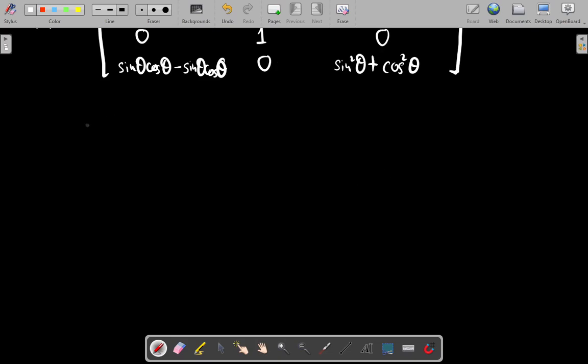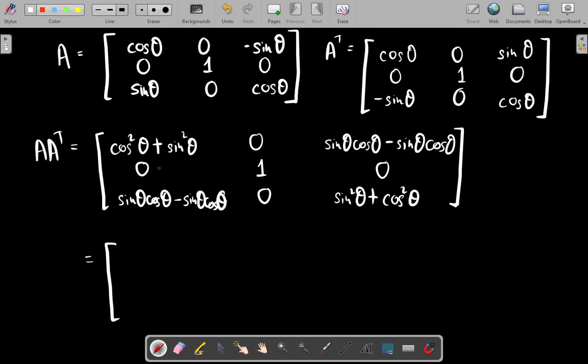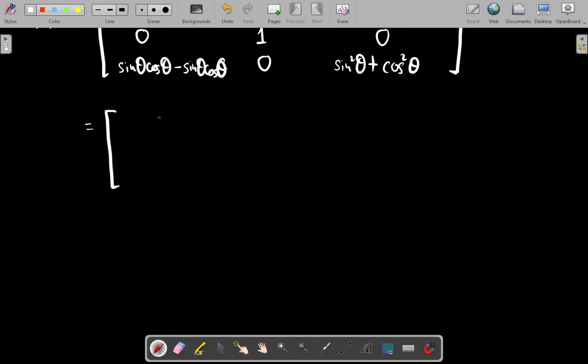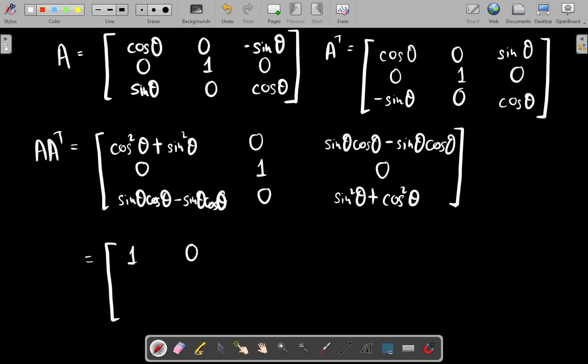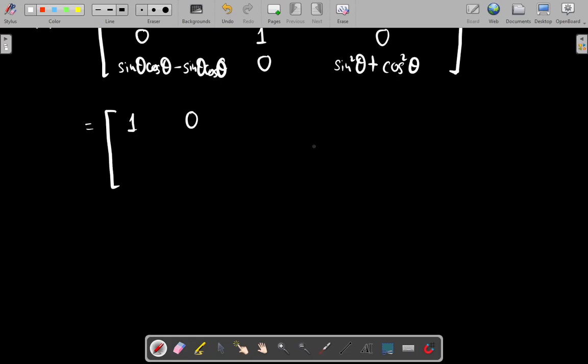So this reduces to cos square theta plus sin square theta, which is 1, then 0, and the sin theta cos theta terms cancel each other, so this becomes 0. The second row is 0, 1, 0. And the sin theta cos theta terms will again cancel each other, so this becomes 0, 0, and sin square theta plus cos square theta becomes 1.